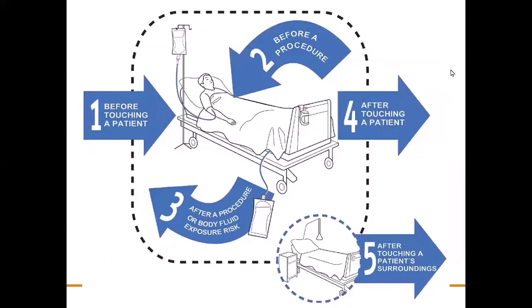Hand hygiene, as we mentioned, should be performed at the 5 moments. We have to recall it and implement it. So: before touching a patient, before a procedure, after a procedure or body fluid exposure, after touching a patient, and also when we reach the surroundings of the patient.